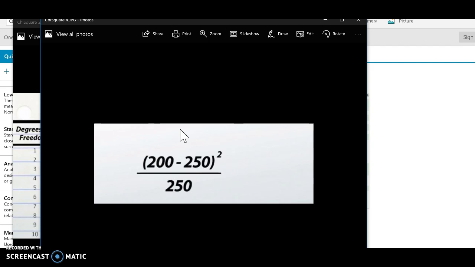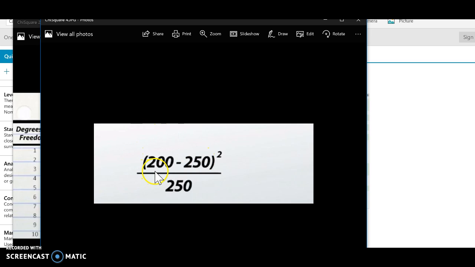If we expected half of our applicants to get in, then the mean we expect would be 250. So we expect 250 to get in. Let's just say 200 were the students that actually got in, okay? But we expected 250 to get in.